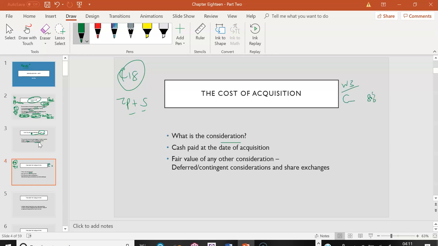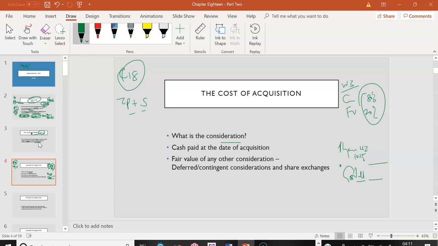Maybe that's 80%. Add in the fair value of the non-controlling interest, that's 20%. So we now know what the full value is of the business, and take away the physical assets of the company, which we get from working two. Because it's at 100%, we can now find out what the real full goodwill is, and this goodwill belongs to both the parent and the subsidiary.